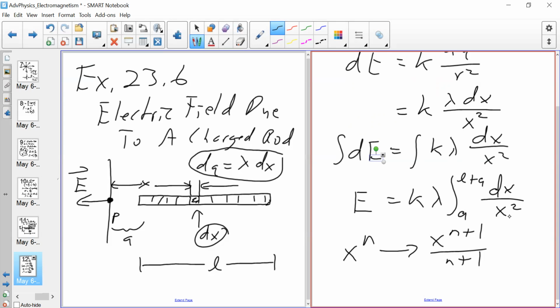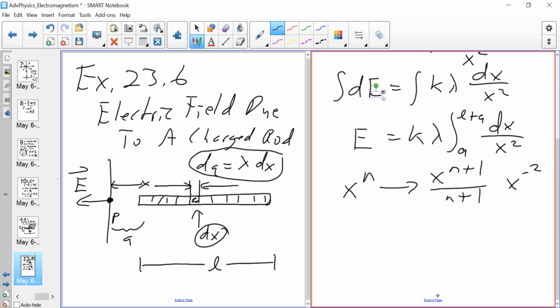So I can write this 1 over x squared as x to the minus 2 power, and do this, it becomes easier. So then x to the minus 2 plus 1, do the same thing on the bottom, negative 2 plus 1, where n represents the exponent. The exponent is minus 2, right?